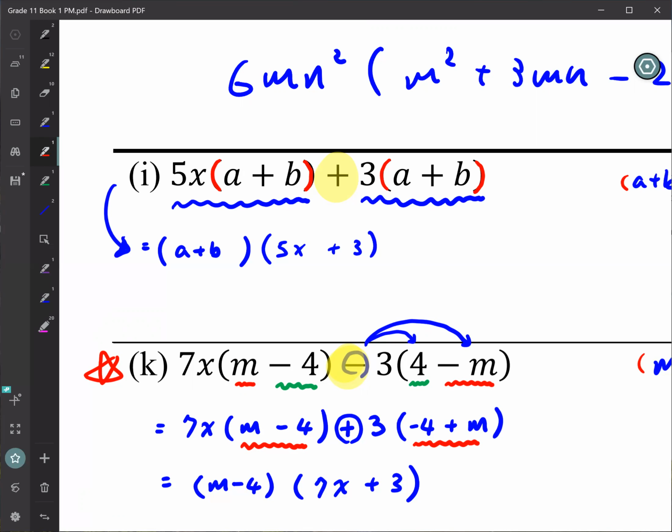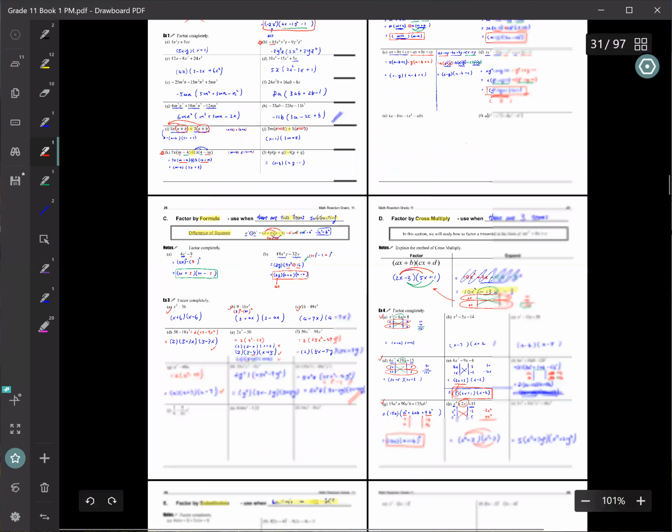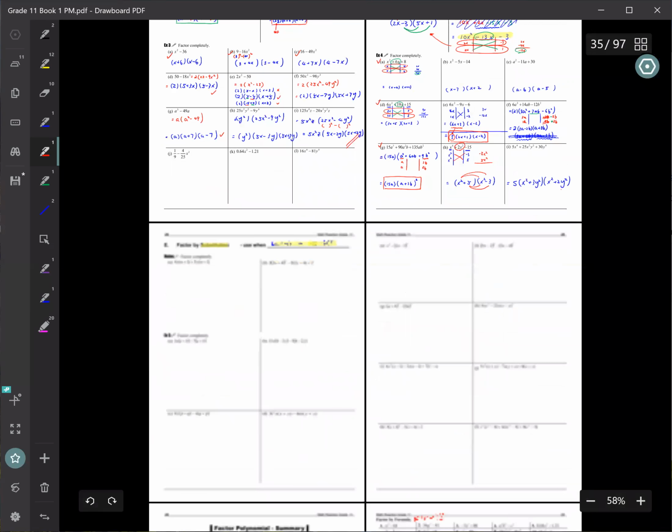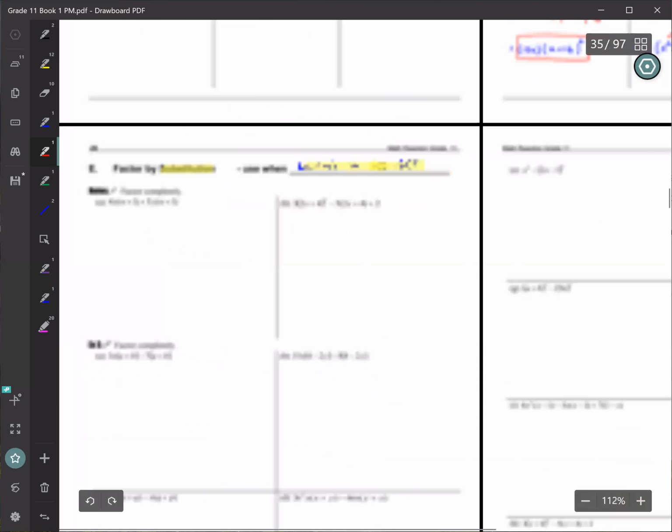So you treat the A plus B as one letter, a GCF, and then you take it out, remove them. So you are left with 5x plus 3. So this is what I mean when the brackets are GCF. If the brackets are not GCF, then that's when you use substitution.